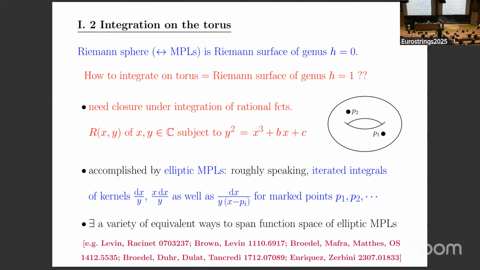And I think the key paper which made that possible is that one, Brödel, Dua, Dulat, Tancredi. They established dictionaries between different integration kernels for elliptic MPLs. And frankly, the higher genus version of the dictionary is an open problem. So I think that's a pretty pressing one, really interesting one. I wish I had a solution for that.